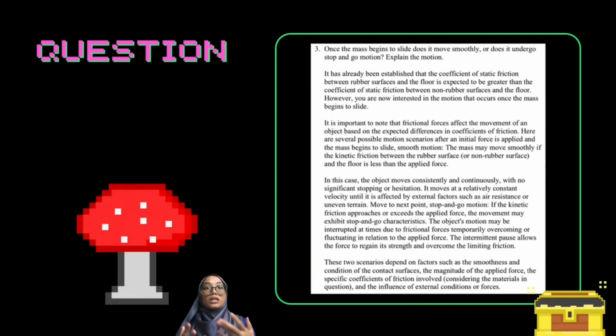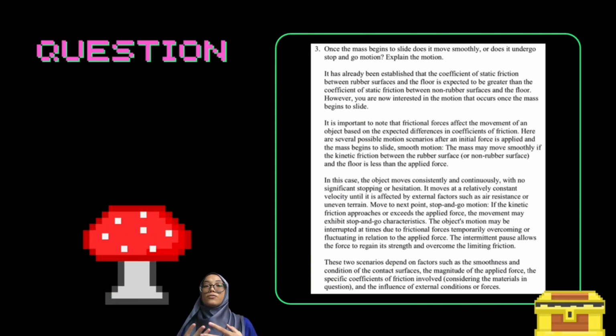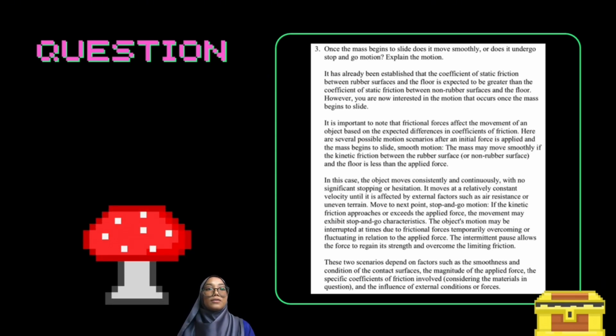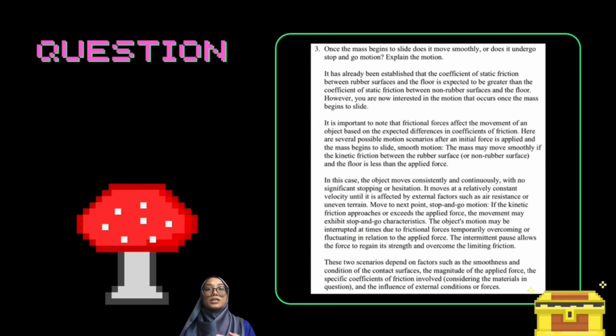It is important to note that frictional forces affect the movement of an object based on the expected differences in coefficient of friction. Here are several possible motion scenarios after an initial force is applied and the mass begins to slide.